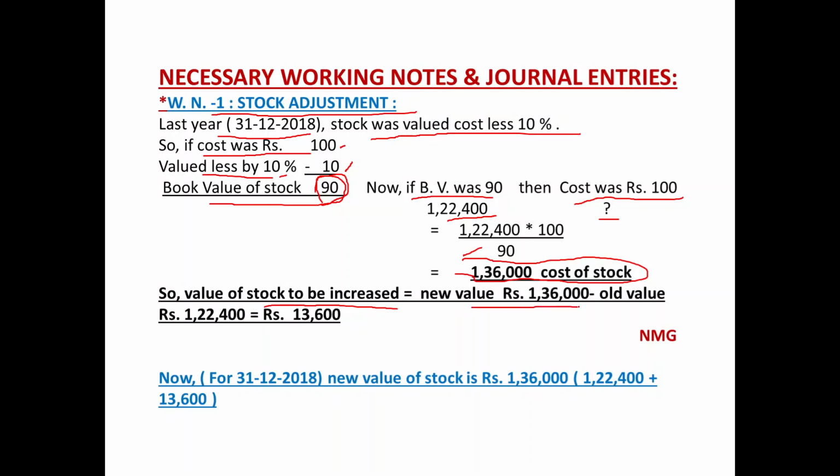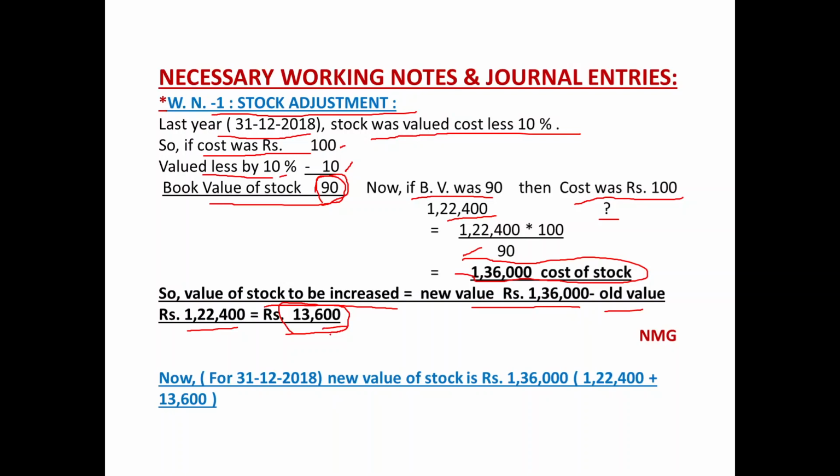New value 1,36,000 minus old value 1,22,400, that gives 13,600. By this amount, we have to adjust the closing stock of the last year or opening stock of the current year.